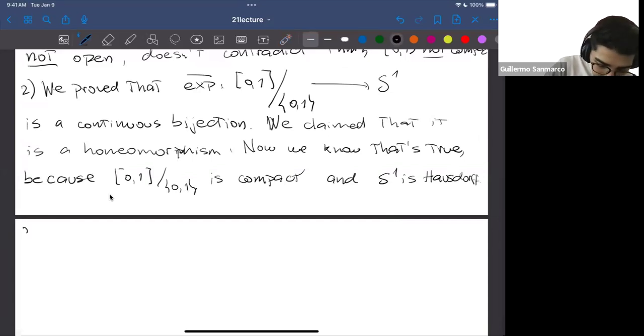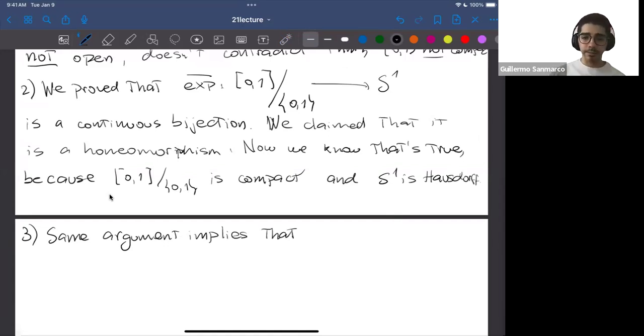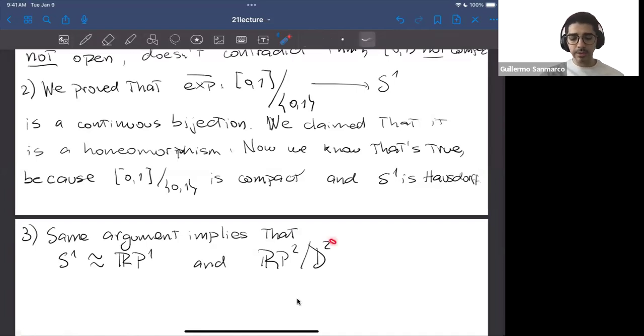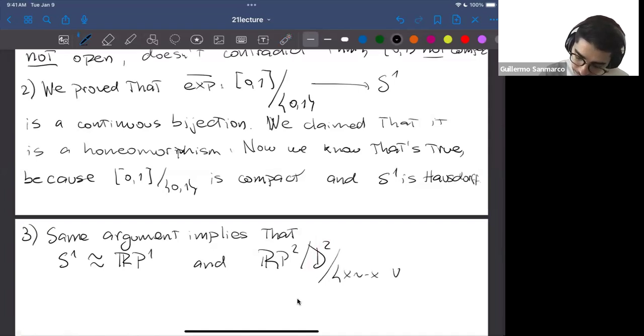Okay, now lastly, the same argument I just did implies that, for example, S1 is homeomorphic to the real projective line, and the real projective plane is homeomorphic to the two-dimensional disk, the closed disk in R2, where I'm identifying x to negative x if you live in the border of D2, which is S1.